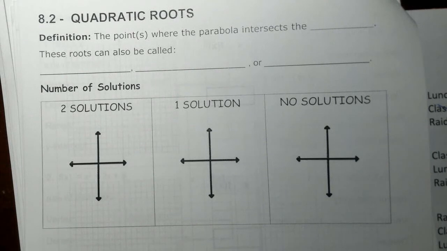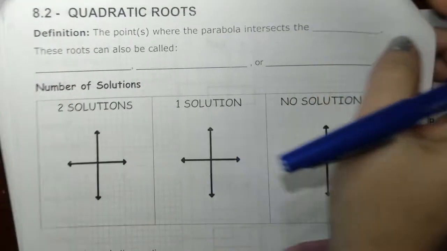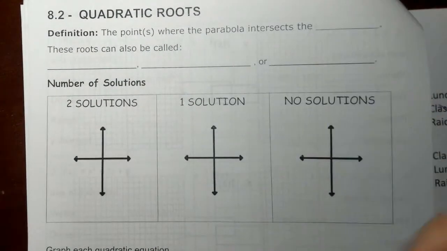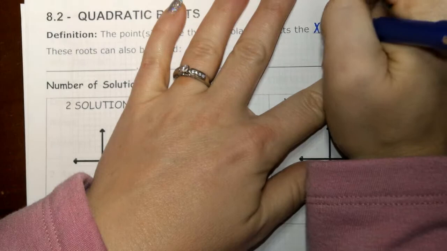All right, so today we're going to be talking about quadratic roots. So we're just going to keep going with where we were. The definition of a quadratic's roots is the points where the parabola intersects the x-axis.